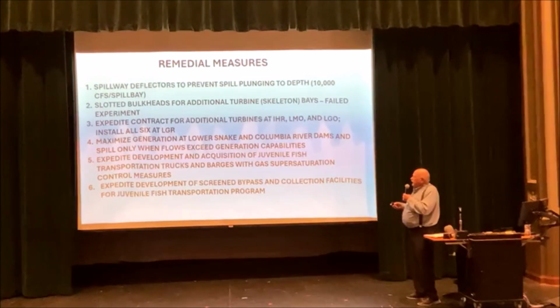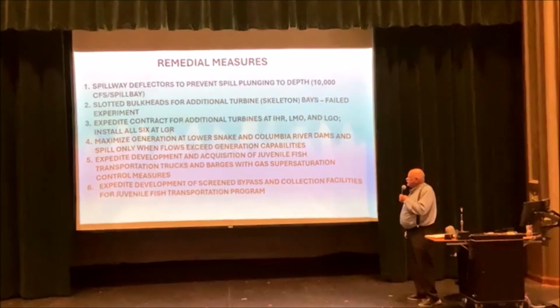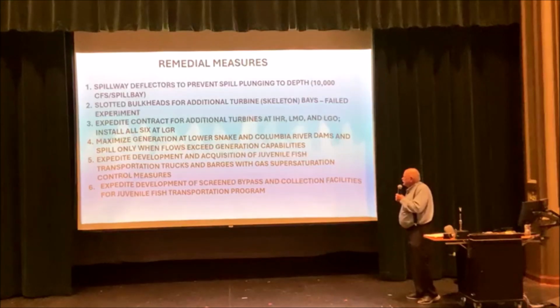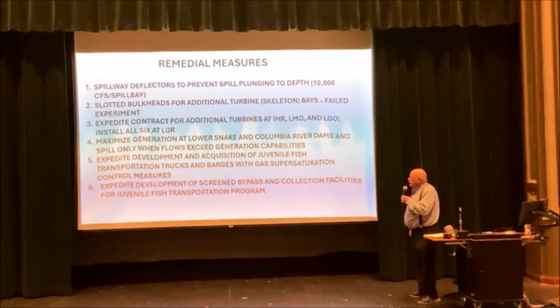There was expedited development and acquisition of juvenile fish transportation trucks and barges with, as Dan explained, gas supersaturation measures. And there was expedited development of screen bypass and collection facilities at the dams to expedite the juvenile fish transportation program.